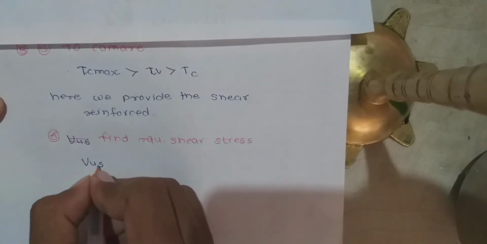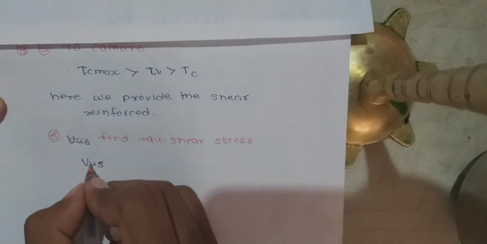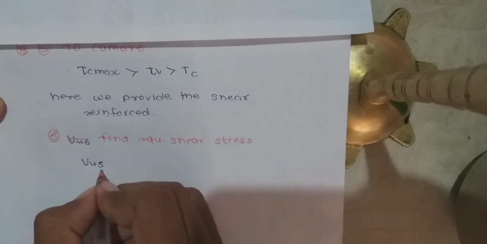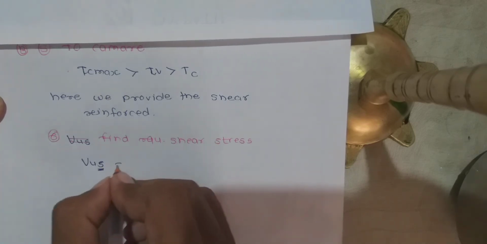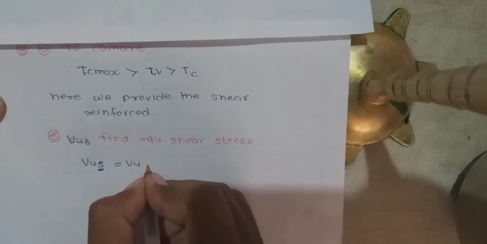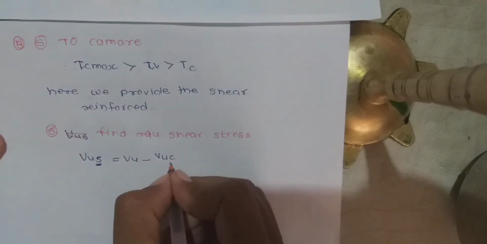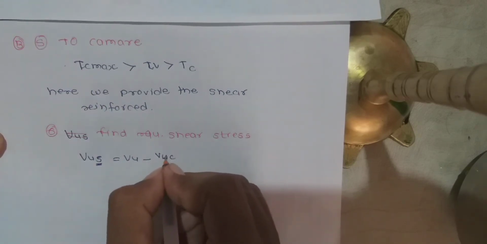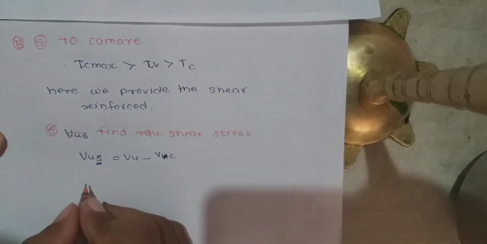Ultimate shear is equal to Vu, the maximum shear, minus Vuc. Vuc means shear force in the concrete.